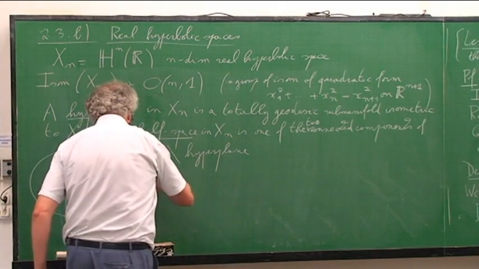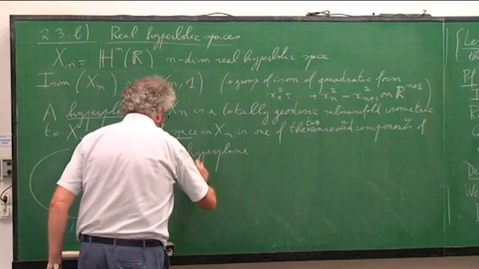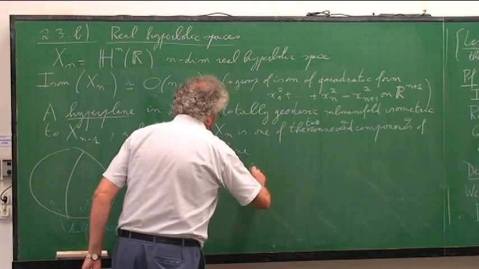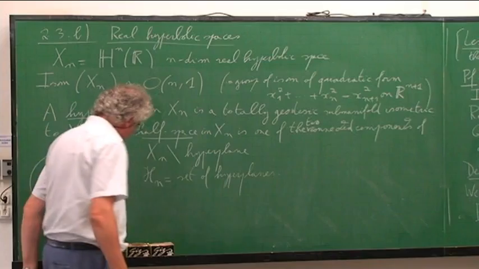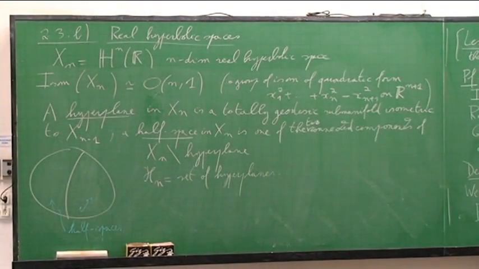And let me denote by H_n the set of hyperplanes. Actually it's much more than a set, it's a manifold, because the isometry group acts on H_n, and actually it acts transitively.